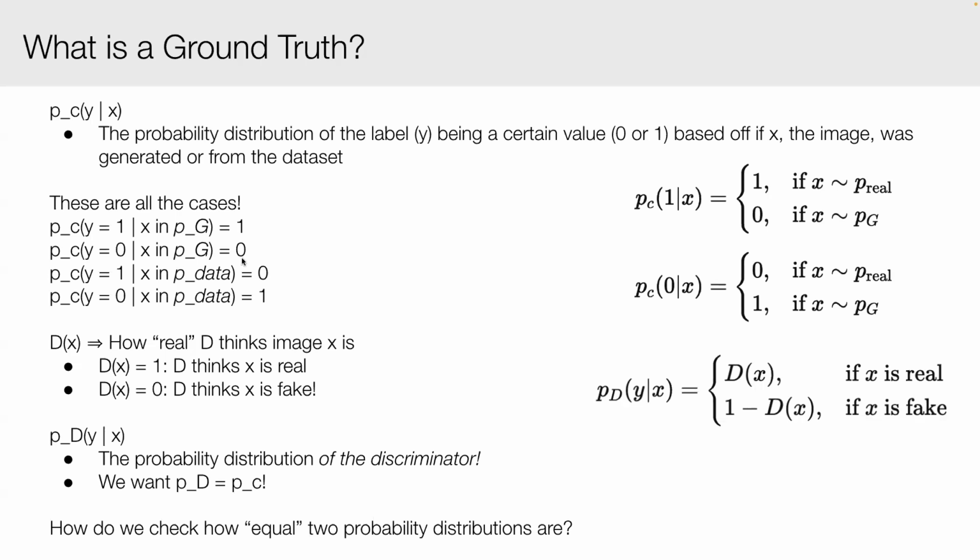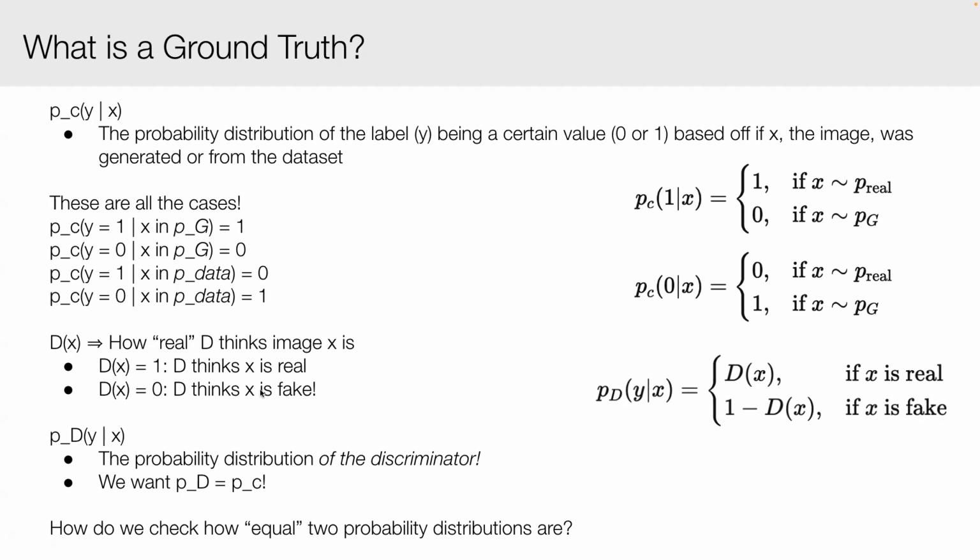Okay. So that's because the discriminator's output more intuitively follows a probability distribution, right? So in other words, the discriminator should output a 1 if it thinks the image is real, and should output a 0 if it thinks the image is fake, right?